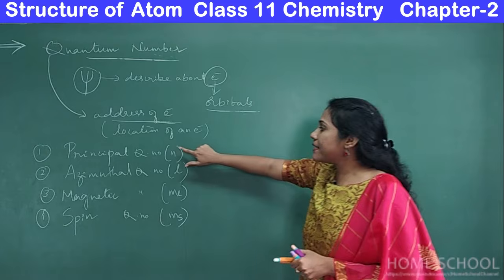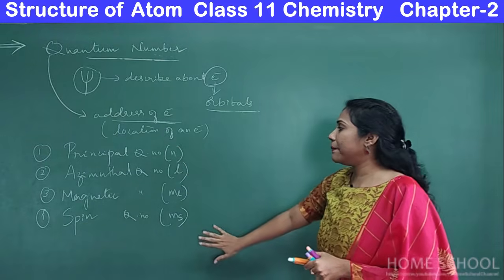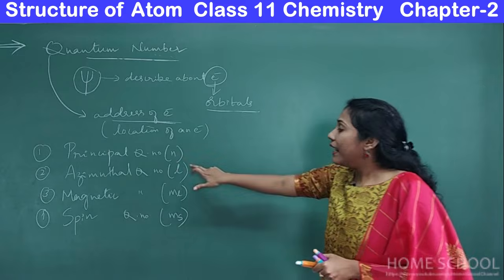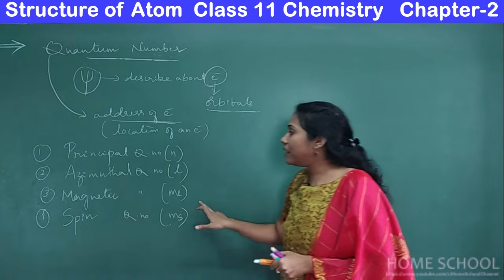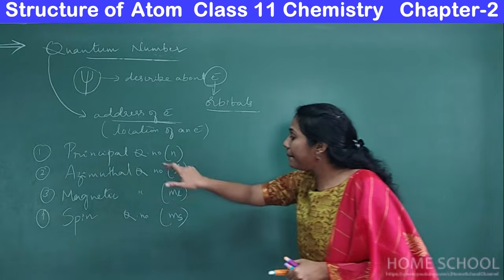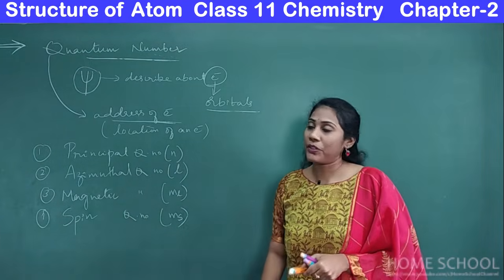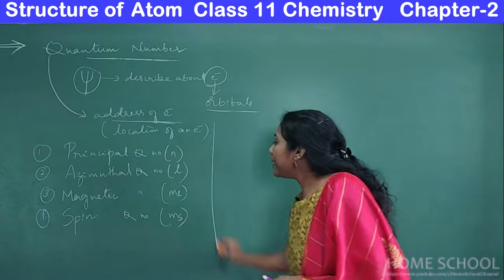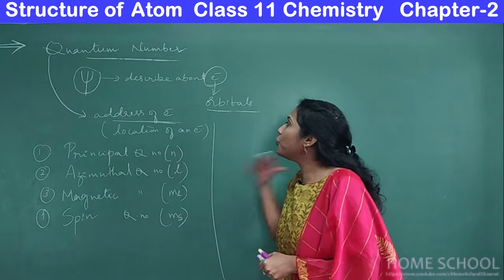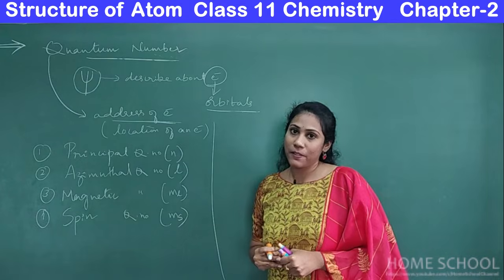So remember the symbols of the various quantum numbers, guys. N means principal quantum number, L means azimuthal quantum number, Ml is the magnetic quantum number, Ms is the spin quantum number. These are the 4 different quantum numbers which tell you many aspects of orbitals.